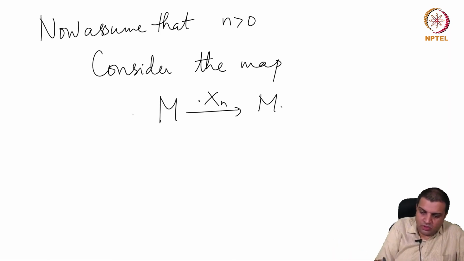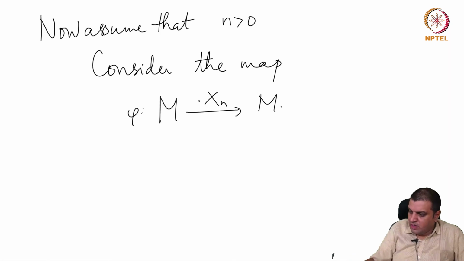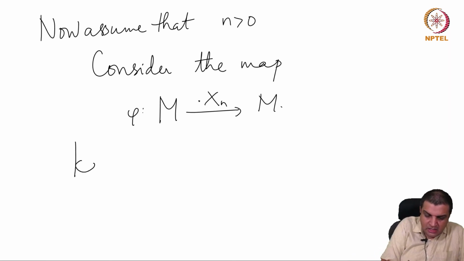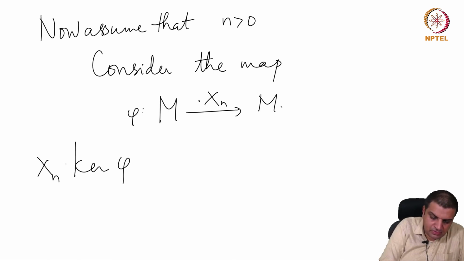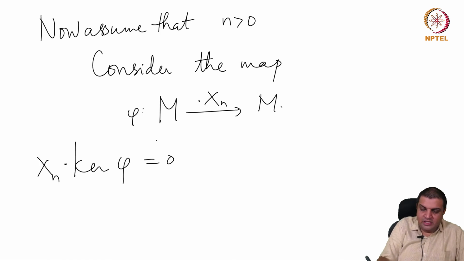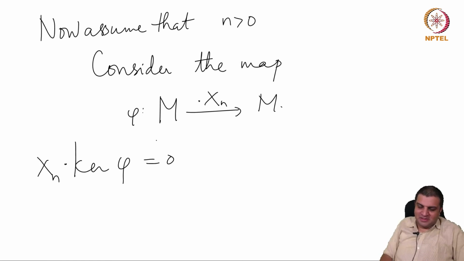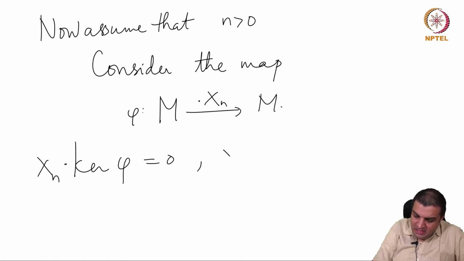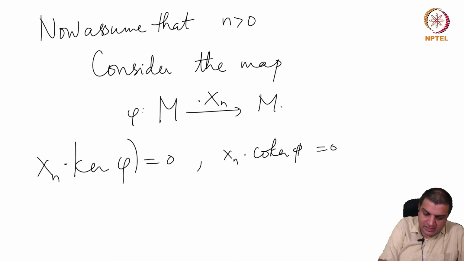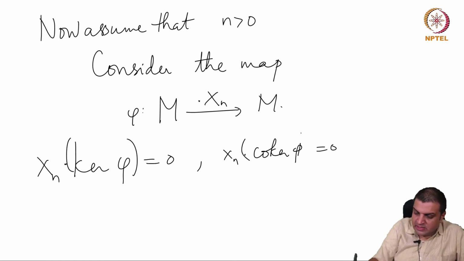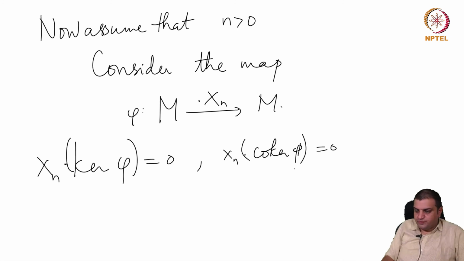So call this map phi. Notice that xn times the kernel of phi is 0; that's why it is the kernel of multiplication by xn. And similarly, xn kills the co-kernel of phi also. So xn times the kernel of phi is 0, and xn times the co-kernel of phi is 0.